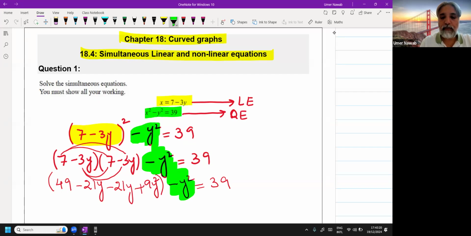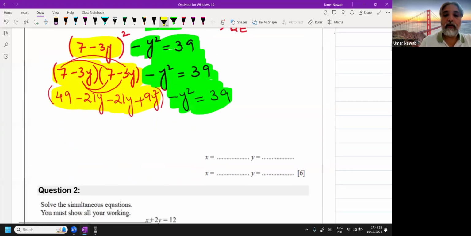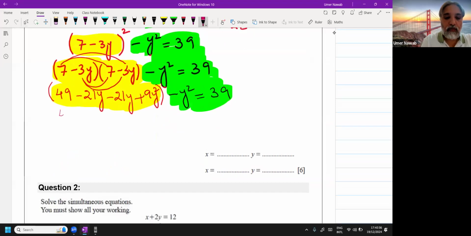We keep copying them, but you saw that the bracket 7 minus 3y whole squared was written 2 times. Then I multiply them. Why not? I can simplify. So 49 minus 42y plus 9y squared minus y squared is equal to 39. Now, can I convert it into a quadratic equation?